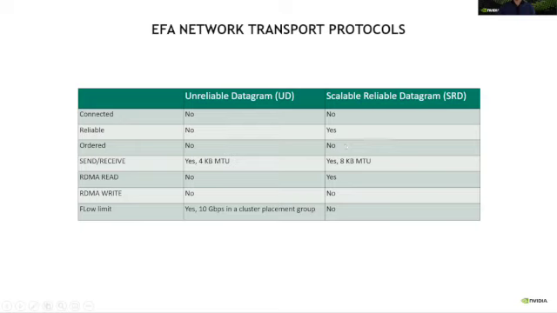Similar to UD, it has support for send-receive semantics, but with an 8 kilobyte MTU. And in addition to that, and this is the main difference here, it supports RDMA read as well. It doesn't have any RDMA write, and it is not subject to any flow limits. So it can potentially achieve the full EFA link bandwidth on AWS.